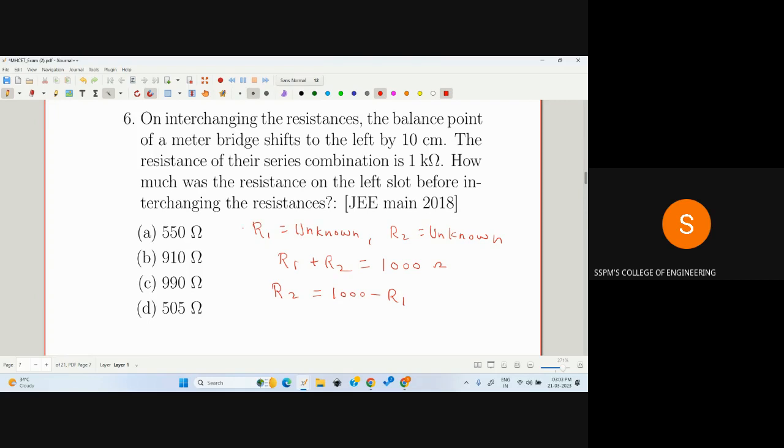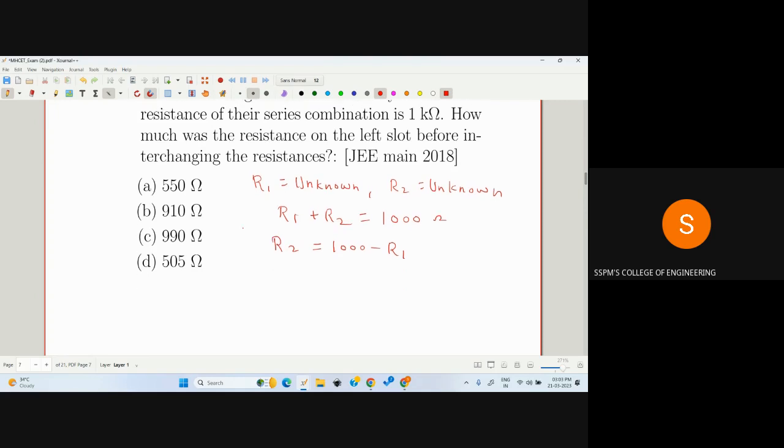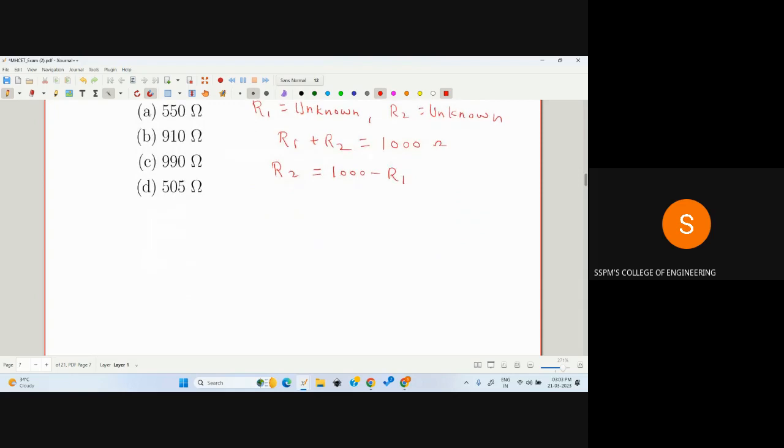Now, the first condition you can draw here. In the first case, let's consider R1 is located at the left hand and R2 is connected at the right hand, where R2 is 1000 minus R1. And this will be the meter bridge.